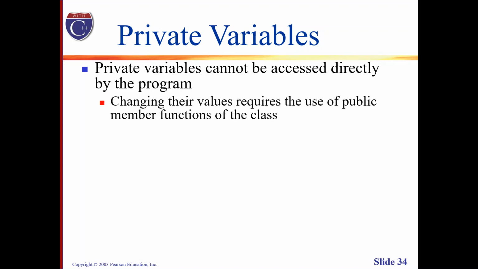Changing their values requires the use of public member functions of the class. Whether we would like to access or change the value of a member variable which is declared as private, we need to write a specific function for such purpose.